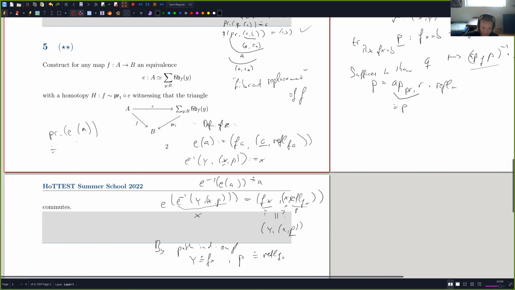This is by definition just F A, and F A is equal to F A, so this trivially commutes.